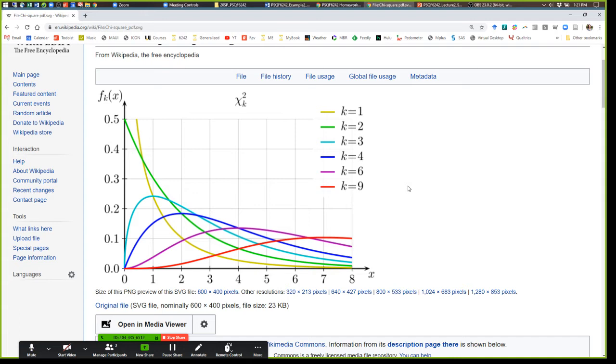Oh, I thought it was 3.8. 3.84 is the cut point for where the area changes to be less than 0.05. So in this case, it's not two-sided. Oh, so that's more in reference to the actual slope. 3.84 is right here. This is the point where you would expect a chi-square bigger than this less than 5% of the time. I see.